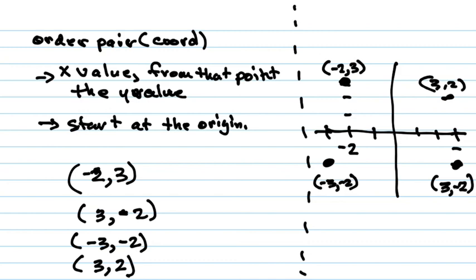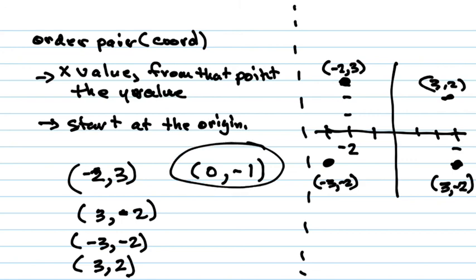Okay? All right, here you go. 0, -1. Start at the origin. Am I going right or left? How far? Right, 0 spaces, but then -1 is down 1. And so it's right there. That always confused me. Yeah.